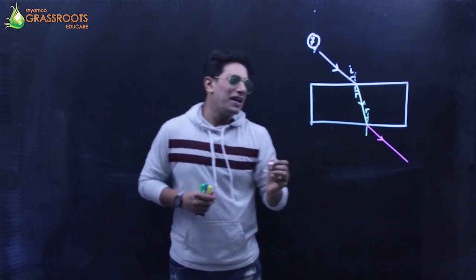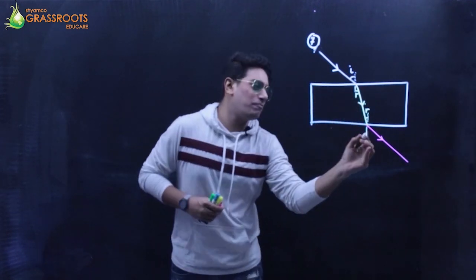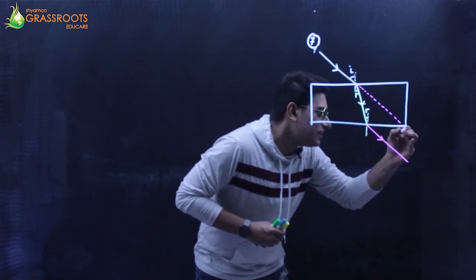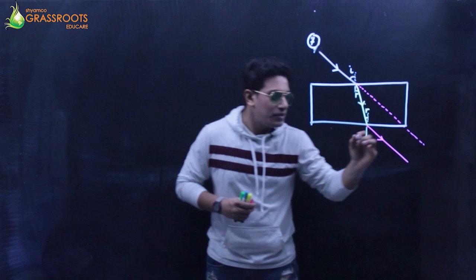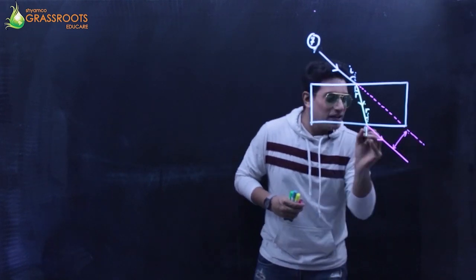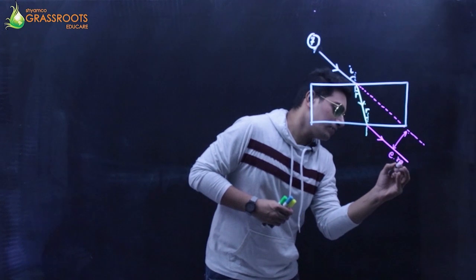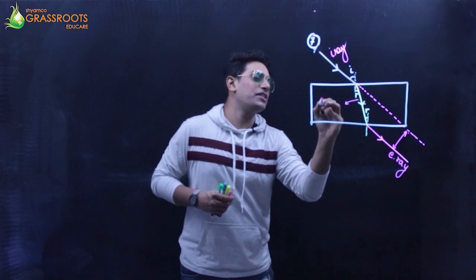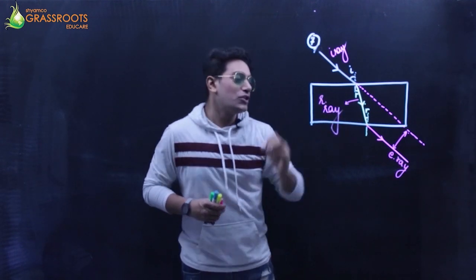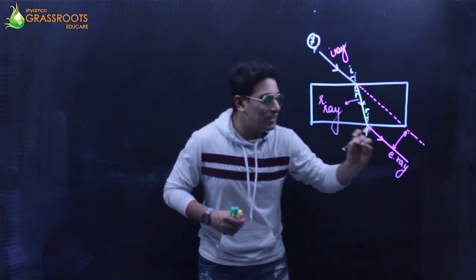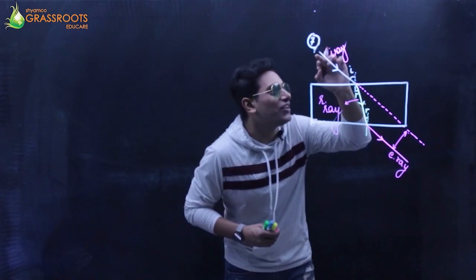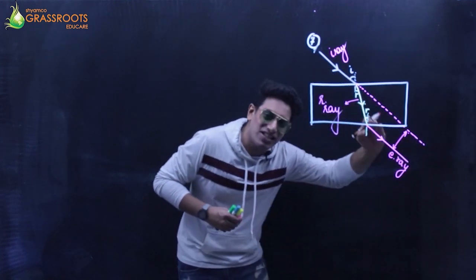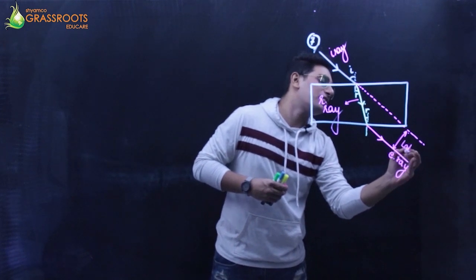If this glass slab would not have been there, can I say this ray of light would have gone straight? There would not have been any deviation. So this is the incident ray, and this is the refracted ray, and this distance between the emergent ray and the direction of the incident ray, when traced forwards, is called lateral displacement.